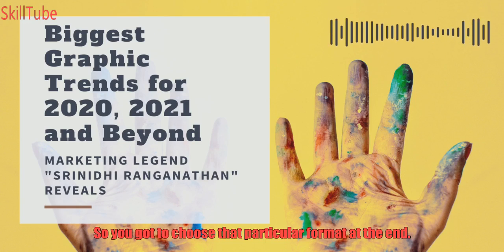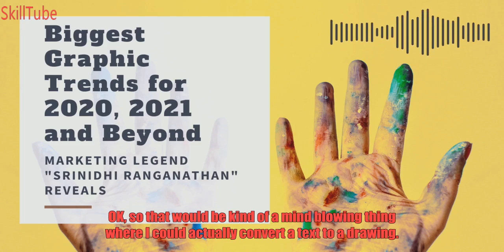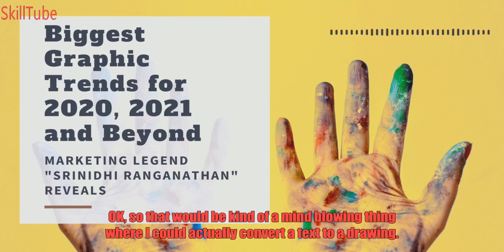So you got to choose that particular format at the end. Okay, so that would be kind of a mind-blowing thing, where AI could actually convert a text to a drawing.